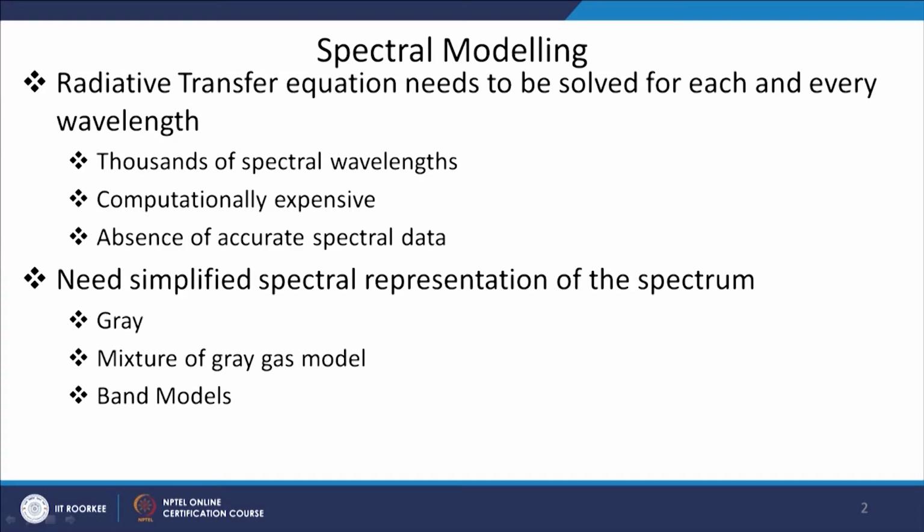So, the radiative transfer equation, as we have already developed earlier, depends on wavelength. In one dimension along path S, the change in intensity can be written as dI lambda by ds equals kappa lambda times (I b lambda minus I lambda), where I b lambda is the black body intensity, the spectral Planck function at a given wavelength.